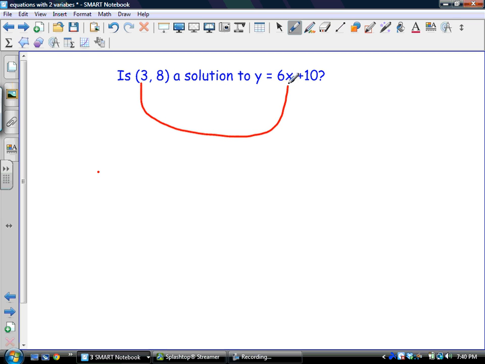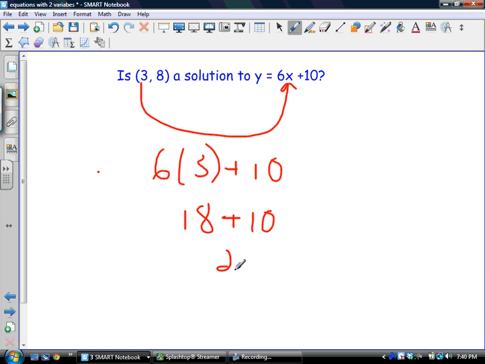So 3 is going in for x. And basically all I'm doing is simplifying and seeing if I get the right y. So 6 times 3 is 18, plus 10 is going to give me 28. I want it to get 8. So it's not the right answer, so no, this is not a solution. The correct solution would be 3, 28. And that's all you have to do for those.